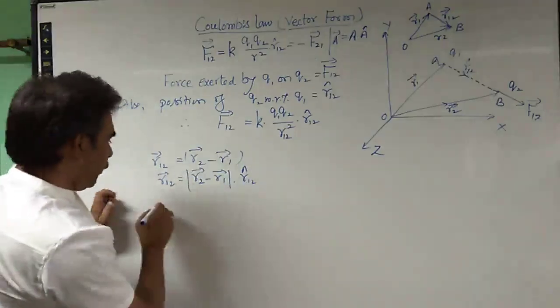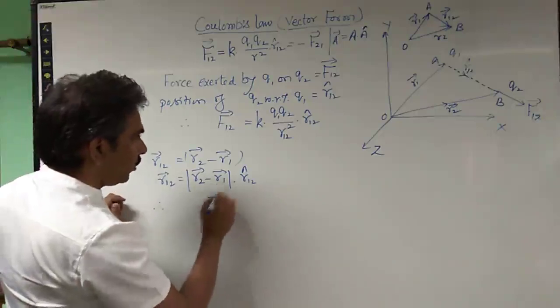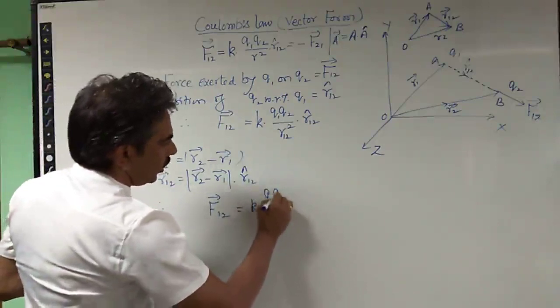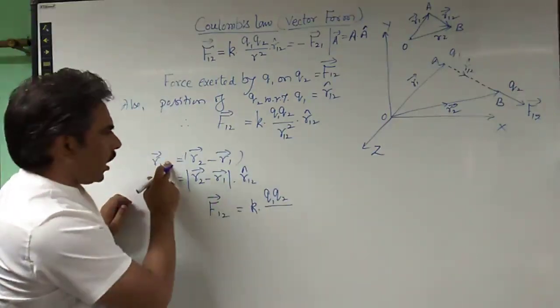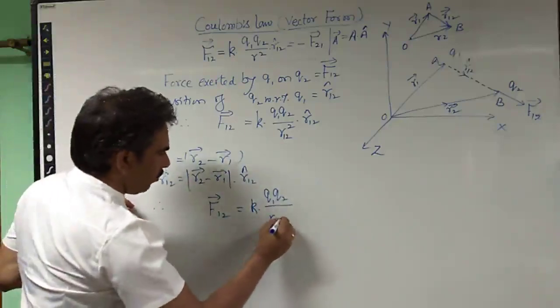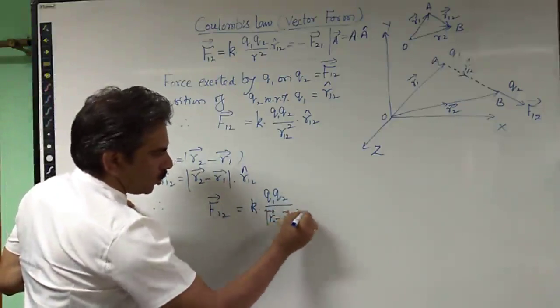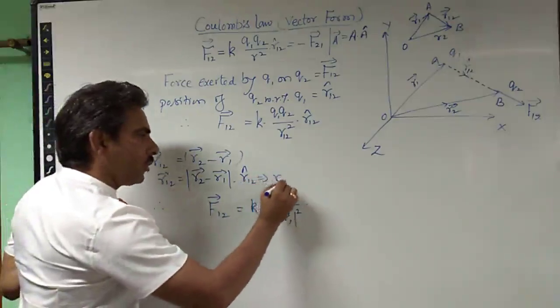Therefore, from here we can write the expression F12 as K into Q1 Q2 upon R12 square, the magnitude, so it is the magnitude of R2 minus R1 vectors, squared, into the unit vector.